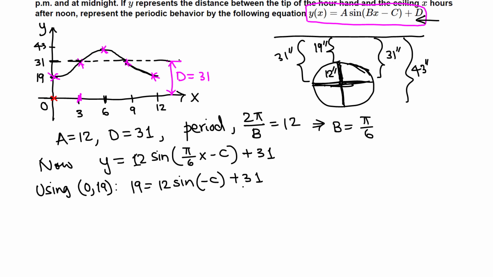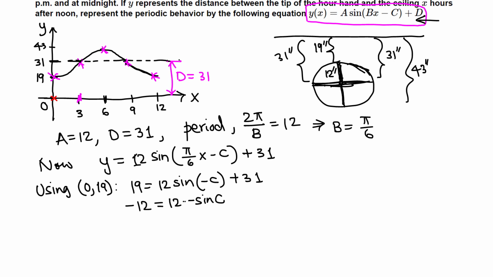So we need to solve for C. Subtract 31 from both sides. 19 minus 31, that's negative 12, equals 12 times sine of negative C. The sine of a negative angle is the negative of the sine of that angle, because sine is an odd function. So sine of negative theta is negative sine theta, and our angle is C in this case.